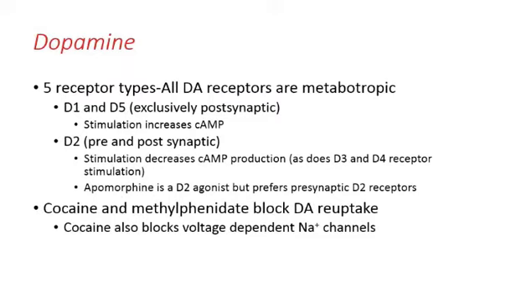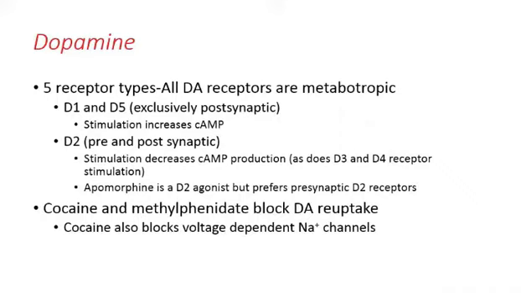There are 5 different dopamine receptor types. All of the dopamine receptors are metabotropic. D1 and D5 receptors are exclusively postsynaptic, and stimulation increases cyclic AMP, that second messenger. The D2 receptors are both pre- and postsynaptic.